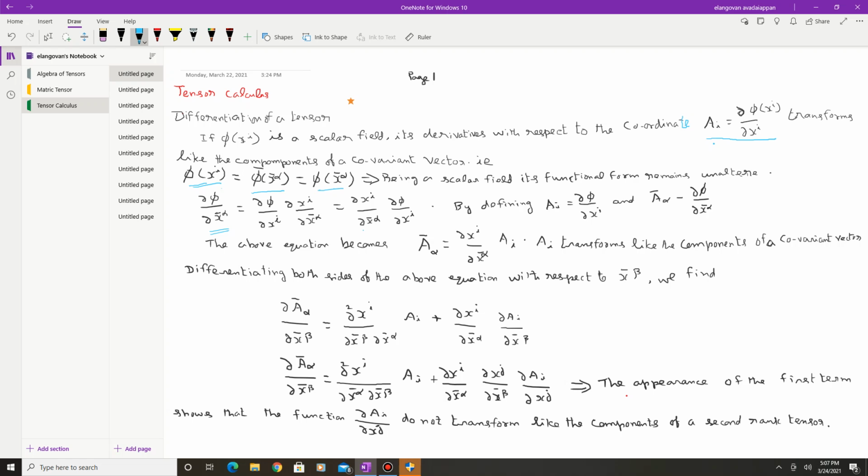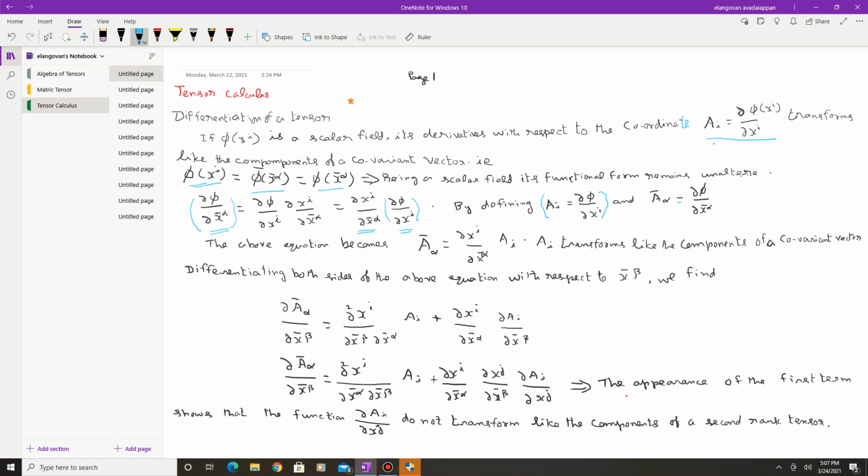So dxi by dx alpha bar you write as the first factor, and d phi by dxi you write as the second factor. So you can make an interchange. Now if you define d phi by dxi as ai, and d phi by dx alpha bar as a alpha bar.